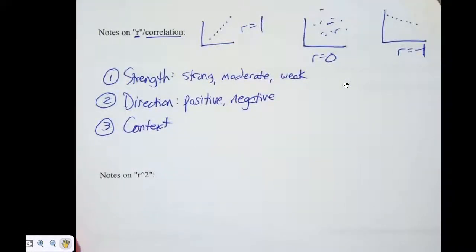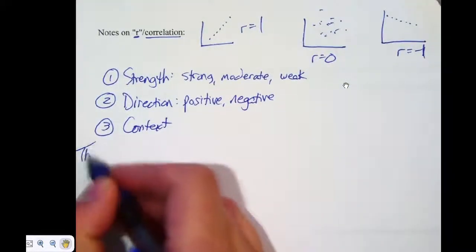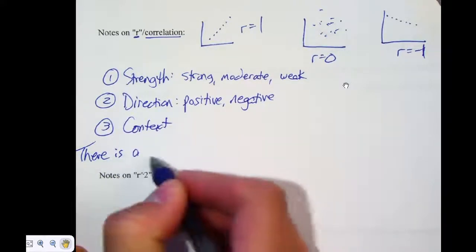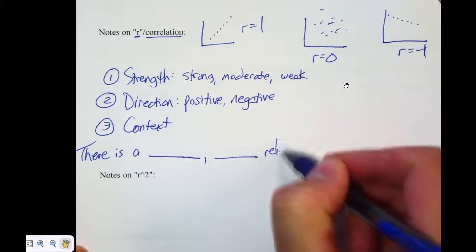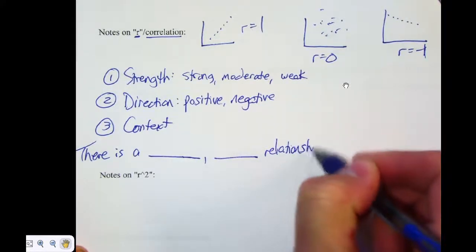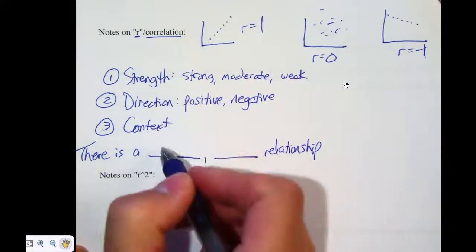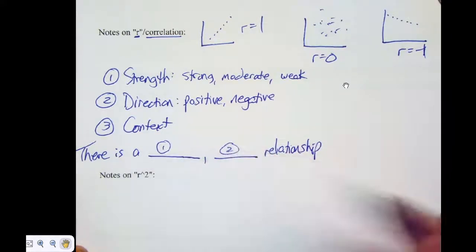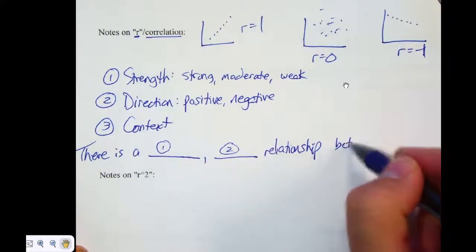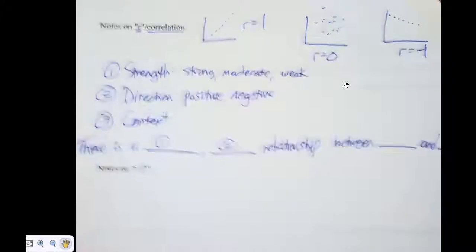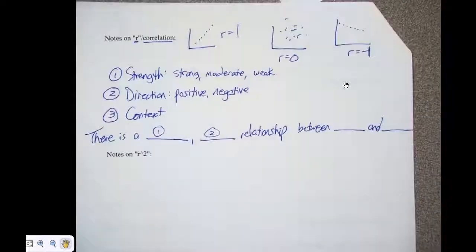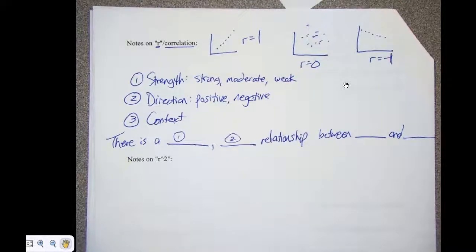So if I ask you to describe R, I would say something like there is a blank relationship, and I would put strength here and direction here, between blank, and that's the context of the question. I don't know if all those blanks make sense, but I think you'll get the idea when we do a couple.